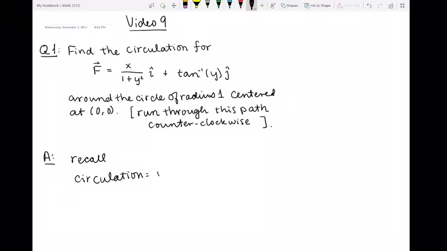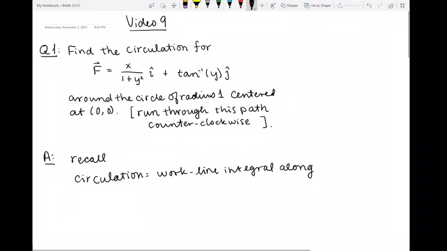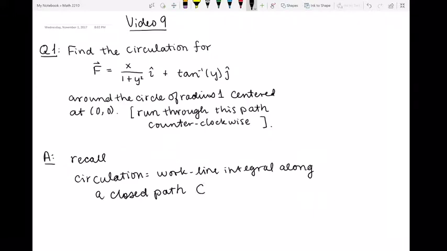It's just a work line integral along, and for it to be circulation, it must be a closed curve. In other words, the whole line has to somehow be connected. We'll look at how this is closed in our example. A closed path, we call it C. So that's what we mean by circulation.